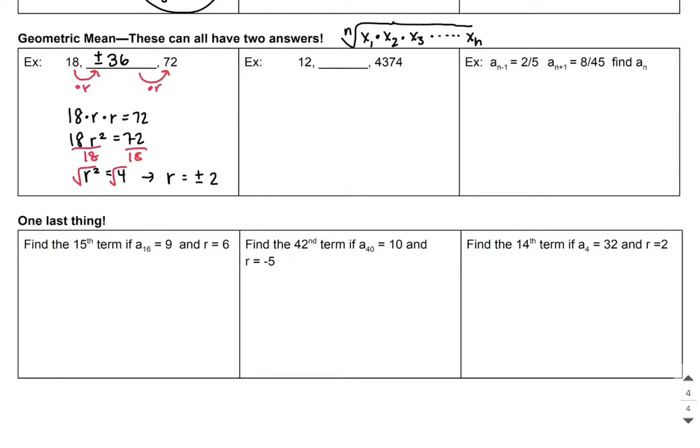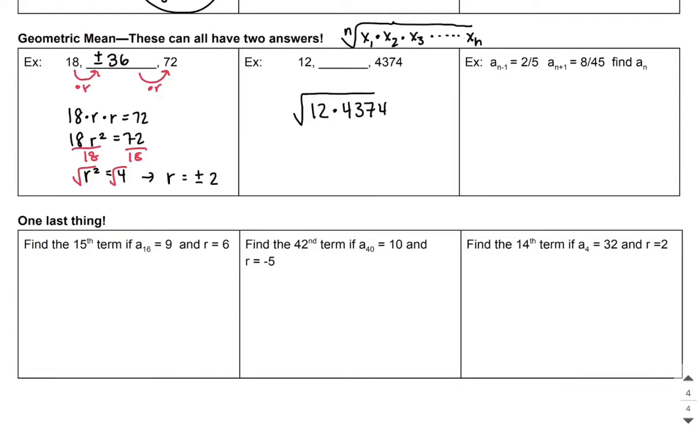For the next example, I'm going to use the geometric mean. I have these two numbers and I want the number in between, which means I'm going to be taking the square root, since I'm taking the second root of multiplying these two numbers together. So I'm multiplying 12 times 4374, and I don't want that comma there.